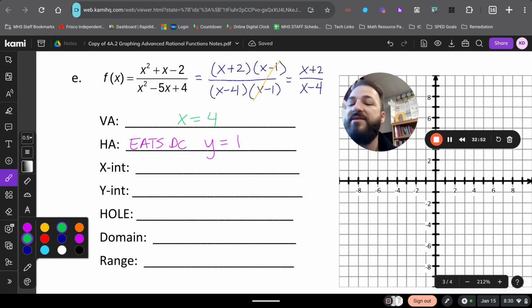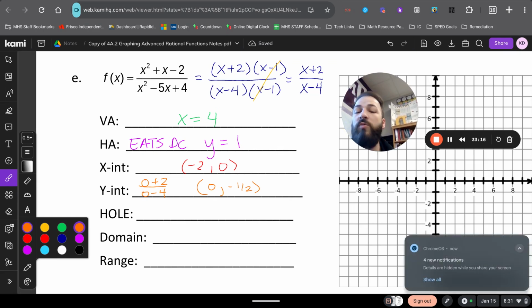But our x-intercept is going to be negative 2 comma 0, because that comes from factors in the numerator. Then our y-intercept, we would plug in 0, so 0 plus 2 over 0 minus 4 would give us 2 over negative 4, or negative 1/2.